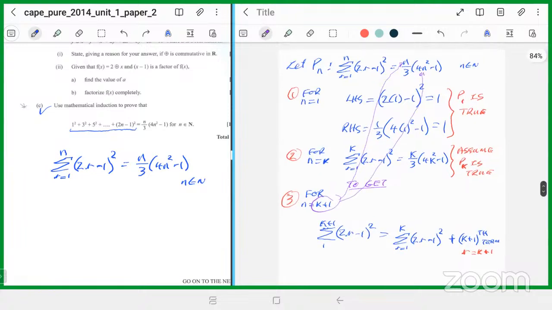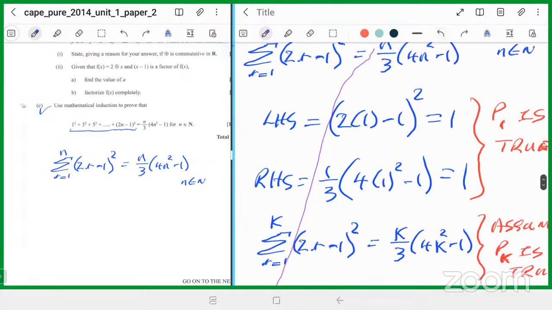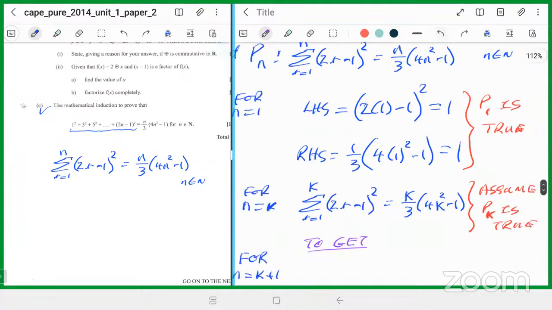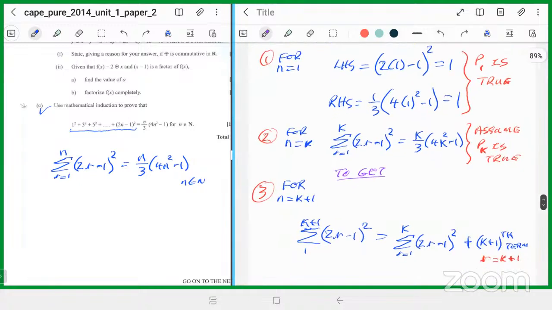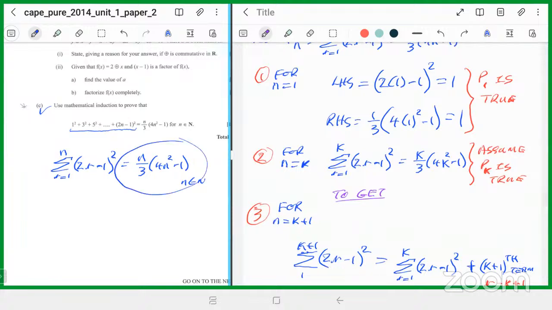Right? So let me look at it. Where this n is, I'm supposed to get a k plus 1, and where this n is, I'm supposed to get a k plus 1 when that third phase is completed. That's what is supposed to happen. So let's write out what we are supposed to get. Same expression I'm looking at over here: this n is supposed to become k plus 1, and this n is supposed to become k plus 1.